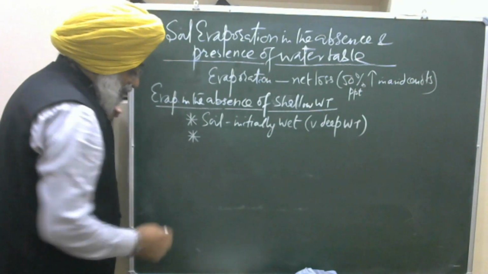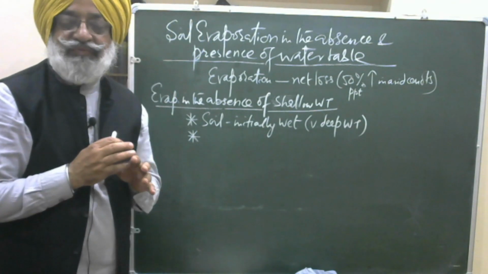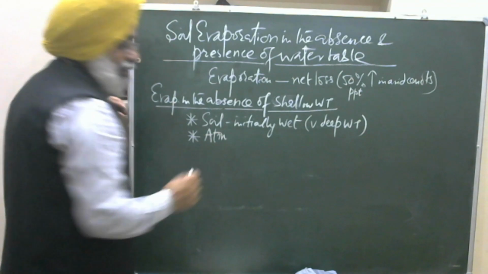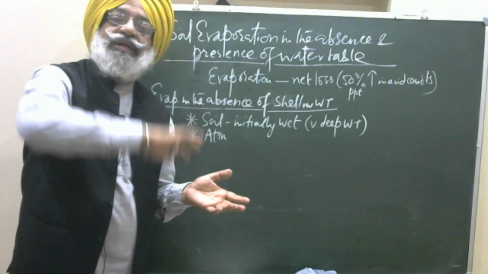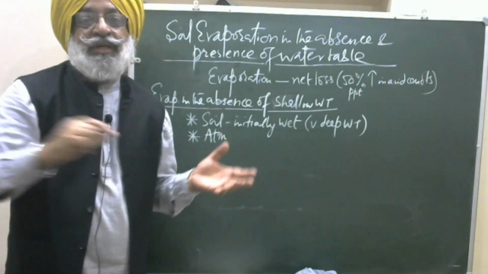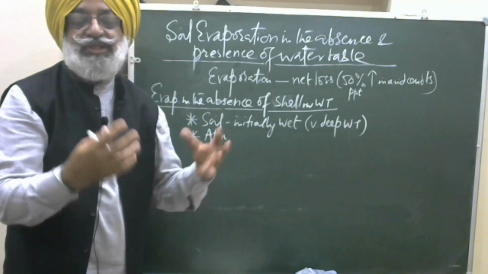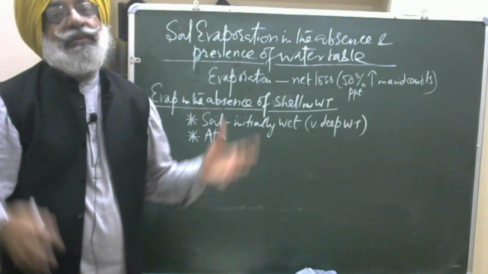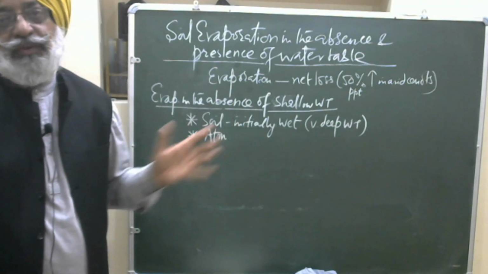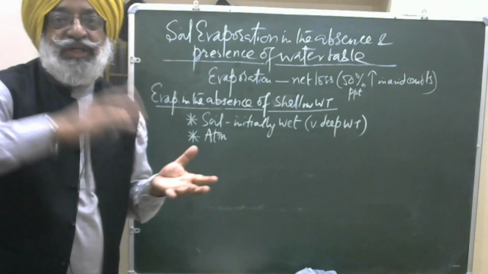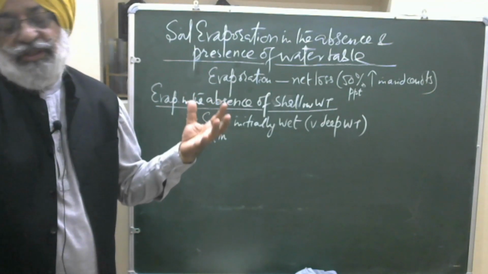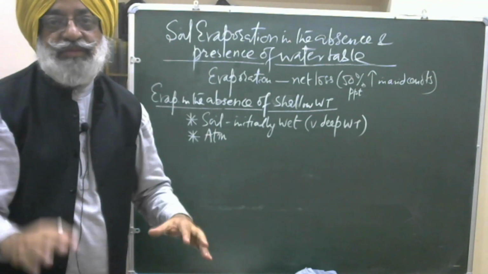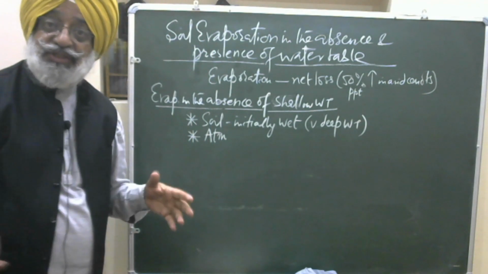And second assumption is that atmospheric evaporativity is constant, though it may not be constant. Because your evaporation rate may have certain diurnal variations, because the temperature and the wind velocity change over the diurnal period, over the 24-hour cycle. But even within a particular period of 2, 3, 4 hours, there may be drastic change in wind velocity, or a change in temperatures, because whenever cloudy conditions are there, the temperature may go down, and radiation energy may go down.